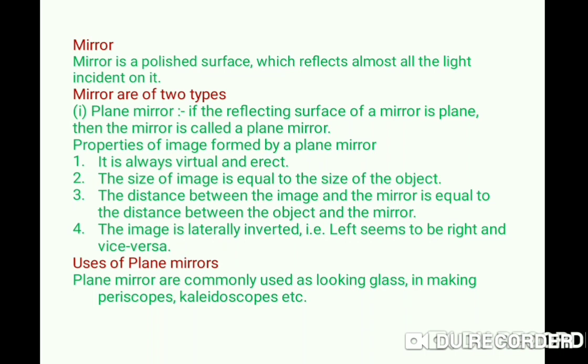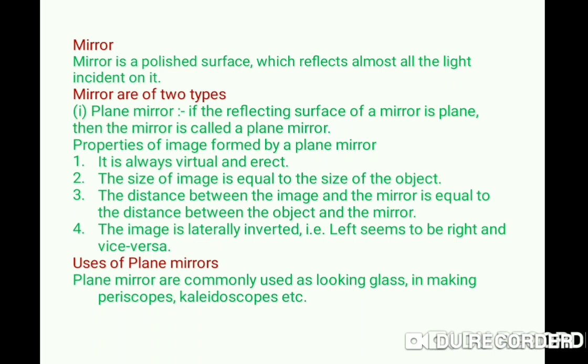Now, the next topic is mirror. A mirror is a polished surface which reflects almost all the light incident on it. Mirrors are of two types. First is the plane mirror.